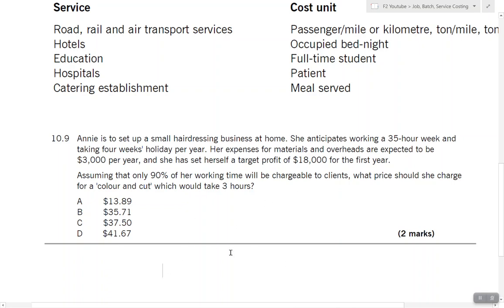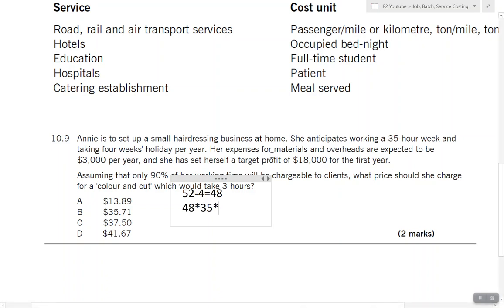Okay, so first thing, she will be working 35 hours a week and she will take 4 weeks holiday. Remember, there are 52 weeks in a year. You need to know that. It will not be told in the exam. So minus 4 weeks, it means 48 weeks. So 48 weeks multiplied by 35 hours.